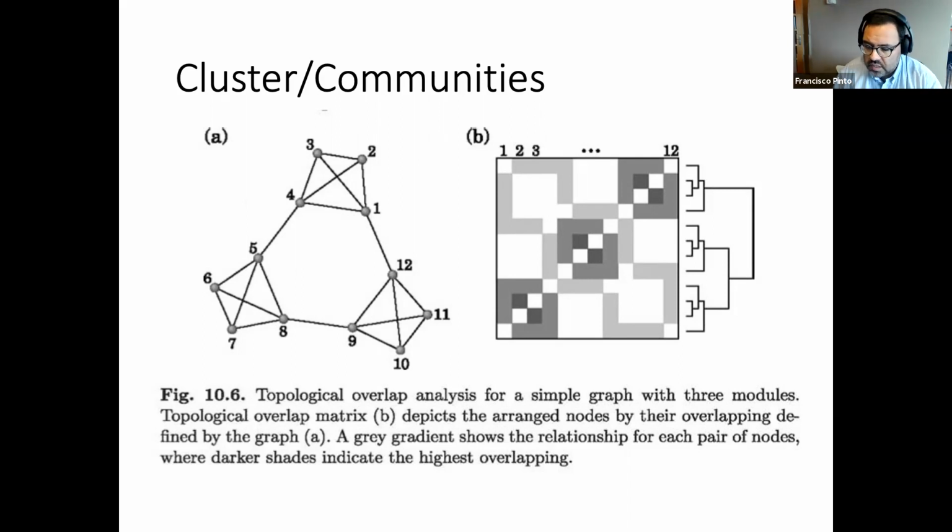But there are different alternatives. There are methods based in simulating physical processes like percolation in networks, to try to find communities. There is a large list of algorithms that you can use.